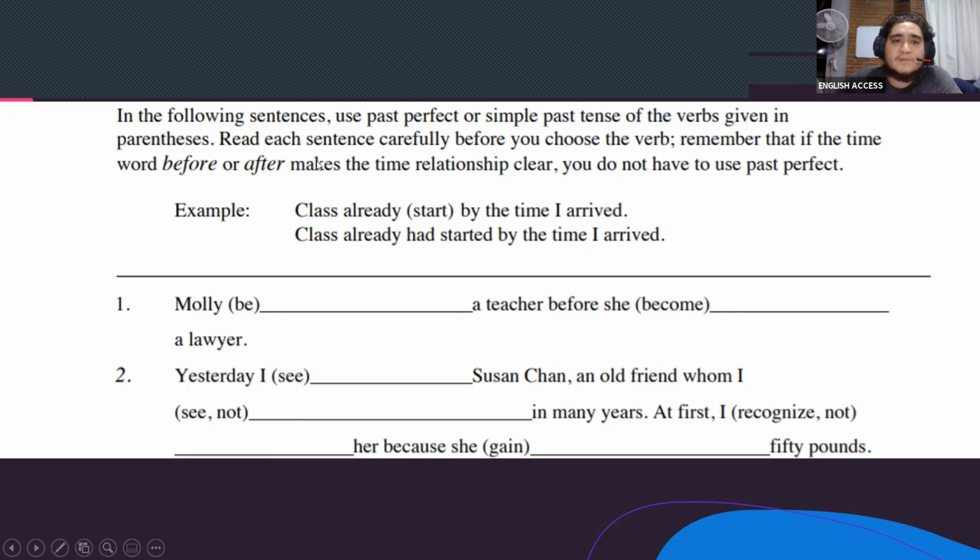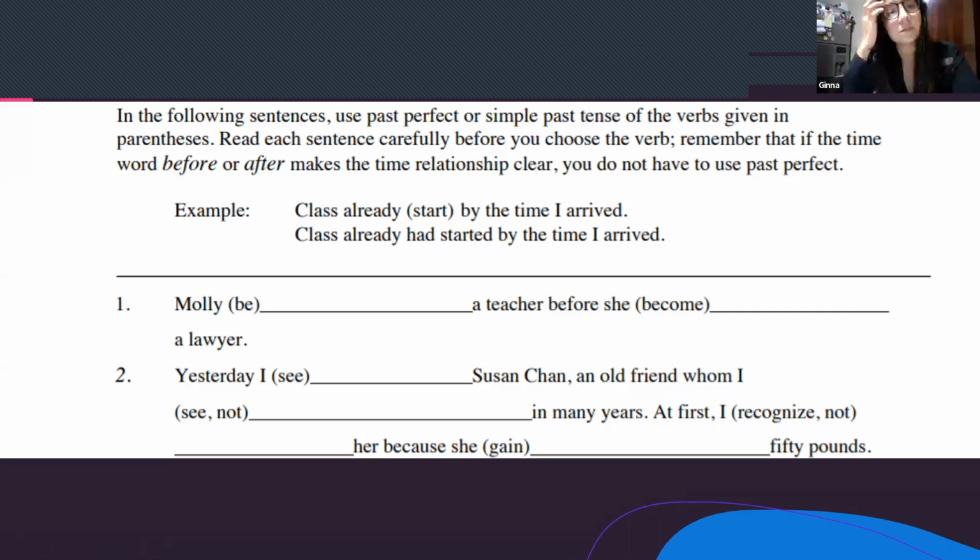Now, can you help us read the instructions, please, Gina? Yes. In the following sentences, use past perfect or simple past tense of the verbs given in the parentheses. Read each sentence carefully before you choose the verb.